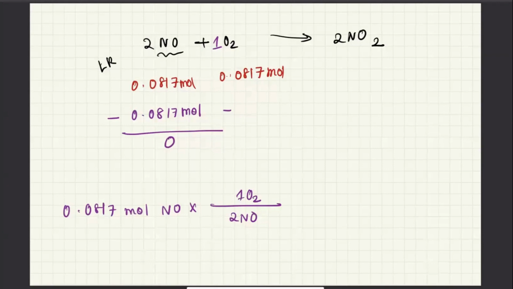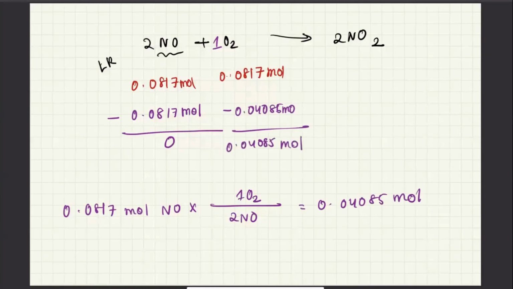Okay, this is gonna give us equals to 0.04085 mole. So this is gonna minus 0.04085 mole. And the remaining gonna be what?